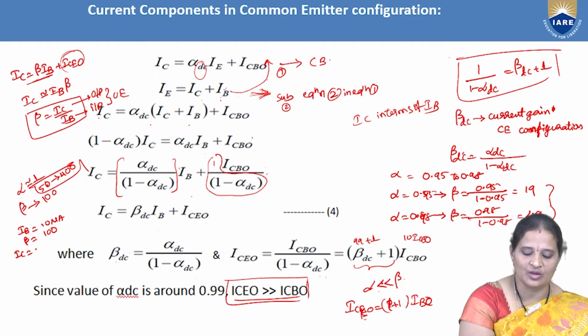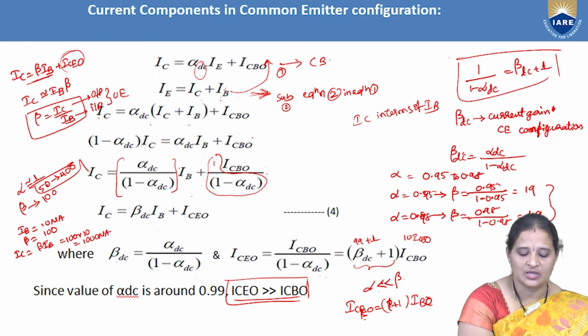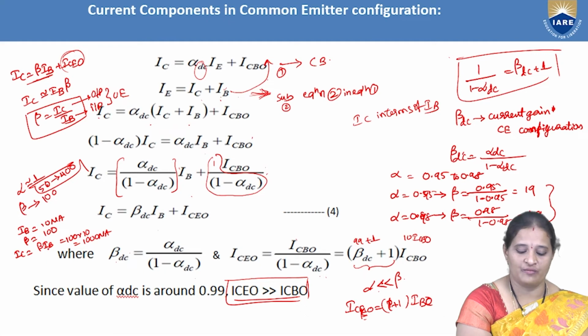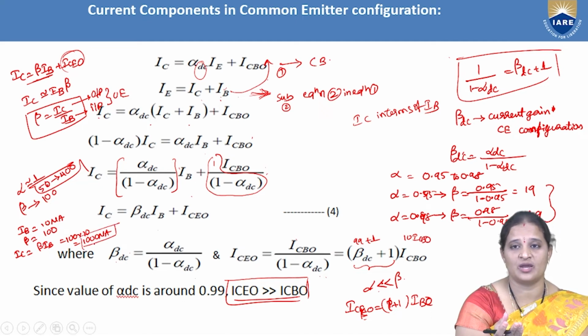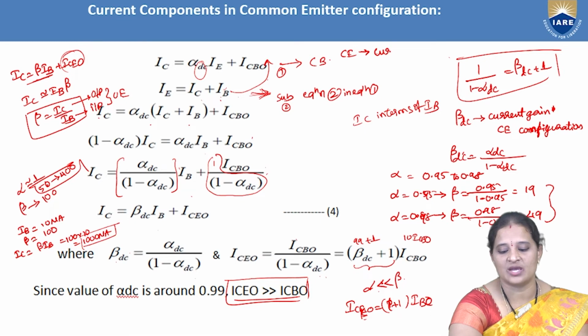IC is equal to beta into IB, so 100 into 10, that is 1000 microamperes. So if the value of IB is 10 microamperes, the value of IC becomes 1000 microamperes. That means the output current is increased. That is why we can say that the common emitter amplifier can be used as a current amplifier.